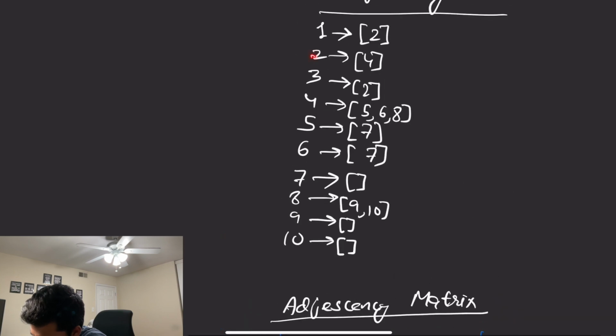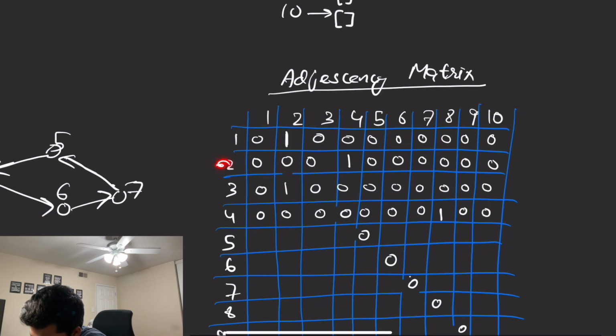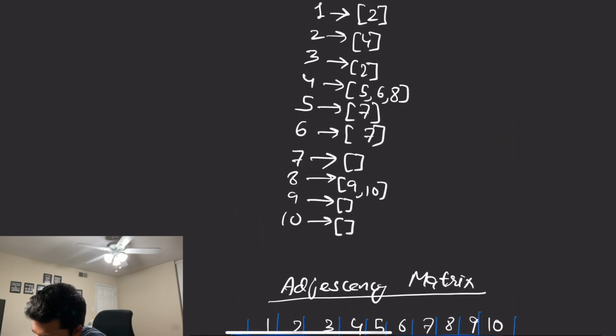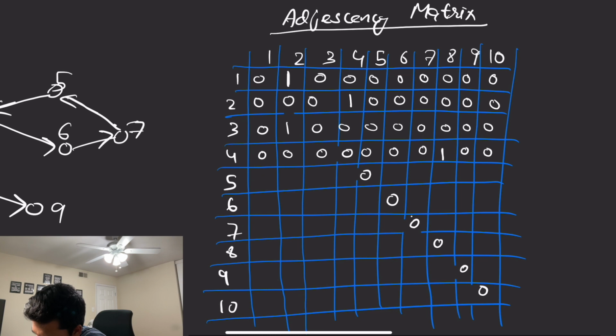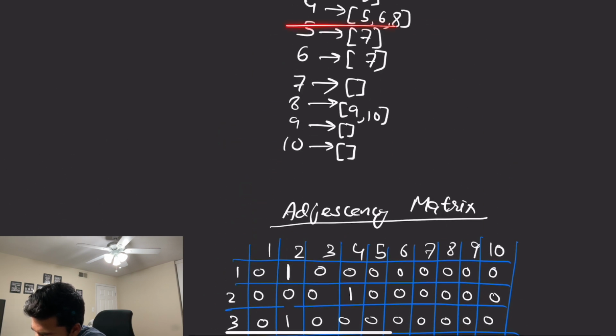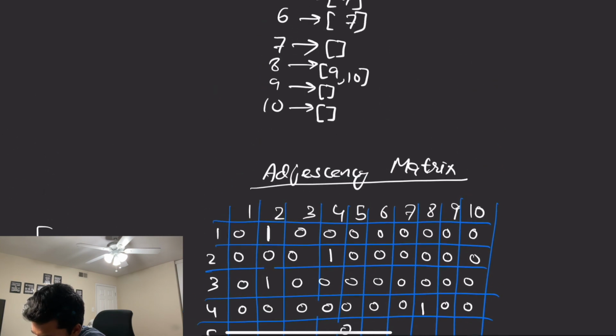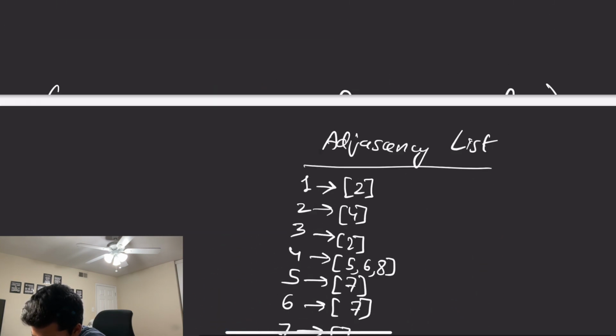So 2 has 4, here 2 has 4. Instead of this format, you have a matrix, and then 3 has neighbor 2, so this has the neighbor. It's basically the exact same representation, but 4 has 5, 6, and 8.